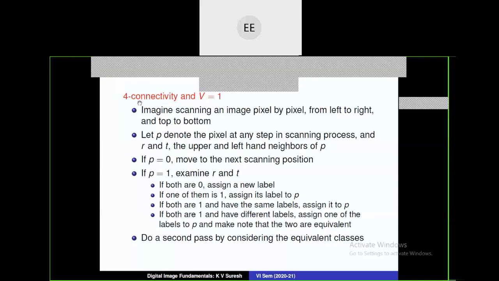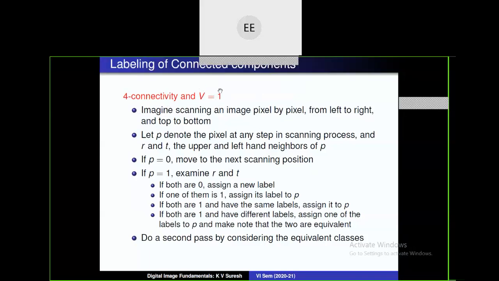Let us try to do it for four connected pixels. When I want to look at four connectivity or any connectivity, I should be given V. In this algorithm, I am taking your image to be a binary image, so V is taken to be 1. All pixels which are white are labeled, and all pixels which are black will not have any label. So the procedure is the following: start scanning the image.